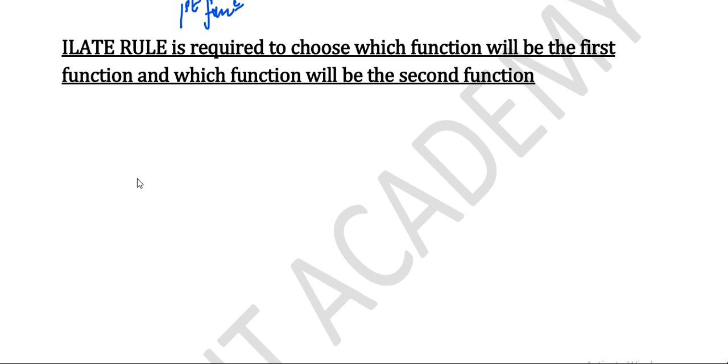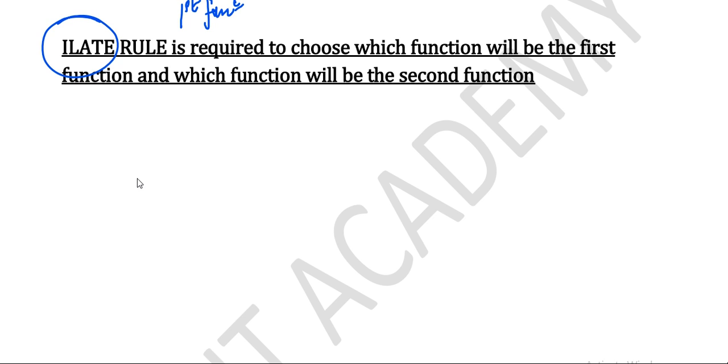Next, we have the ILATE rule. What is the ILATE rule? Now, we have u and we have v. So u and v are the two functions of x. Which one will be the first function and which one will be the second function, we have to decide.